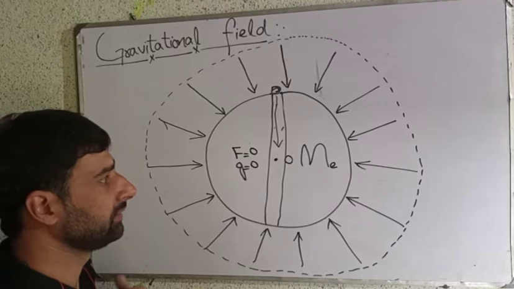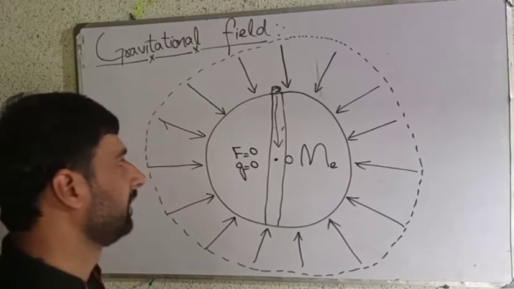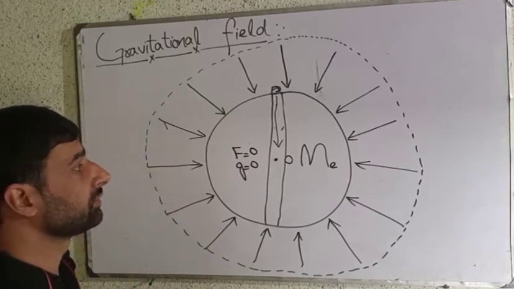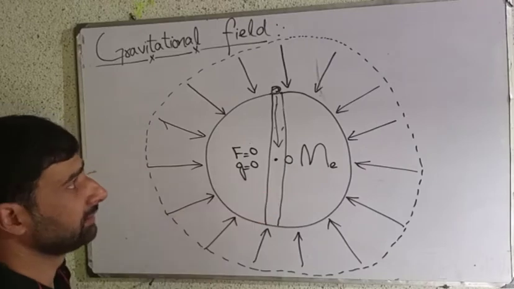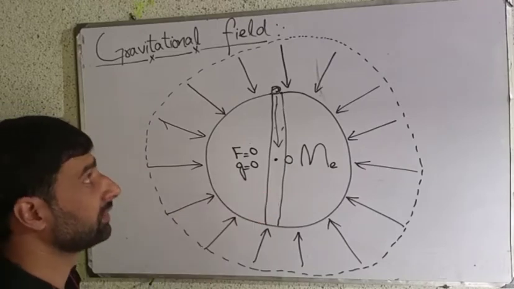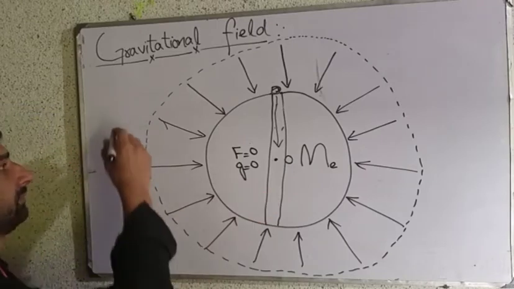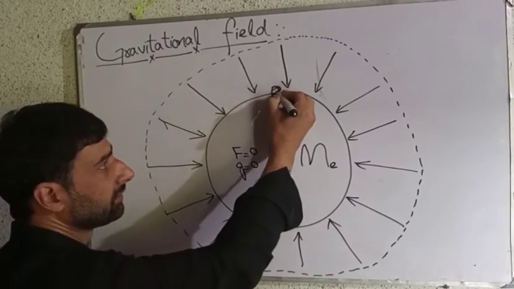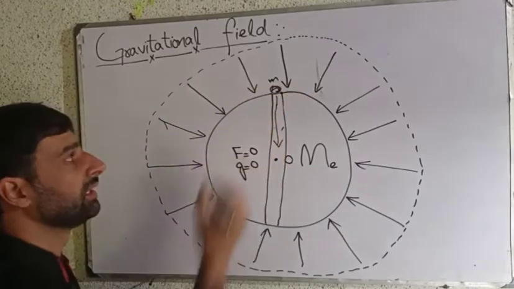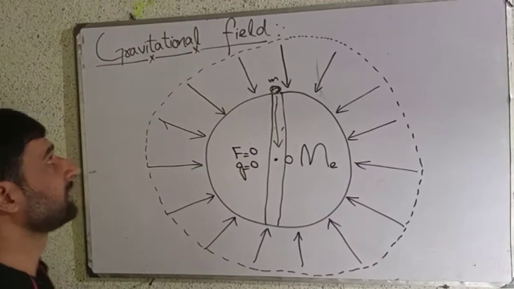Now we shall define two or more terms related to Earth, and we shall also write Newton's law of gravitation for Earth. If an object is placed here, let's say its mass is m, then what will be the formula for Newton's law of gravitation?